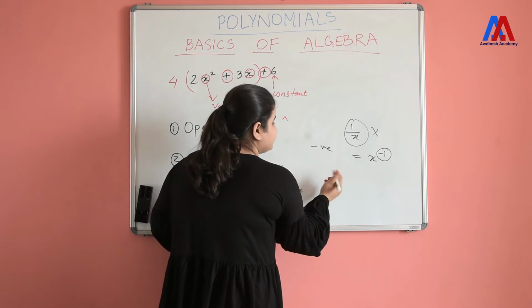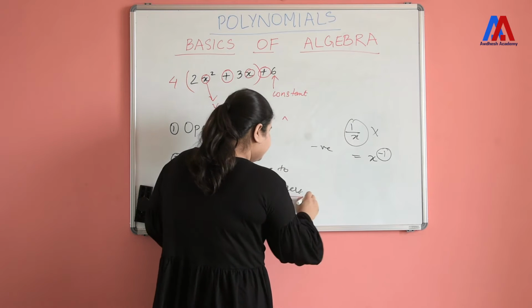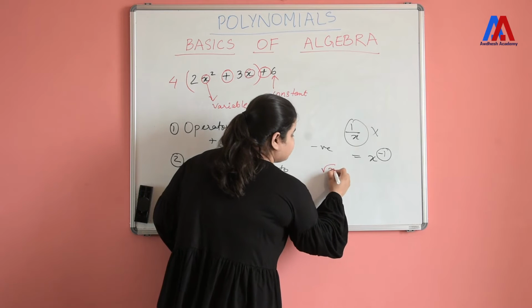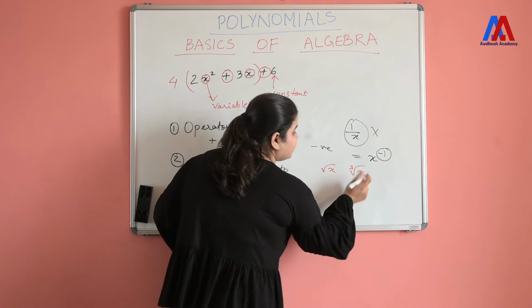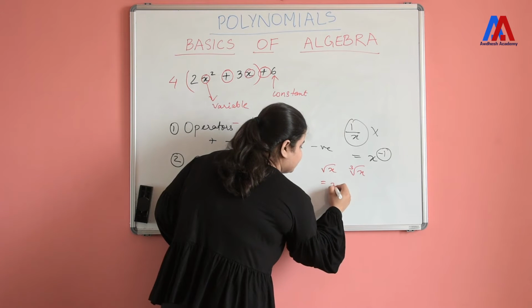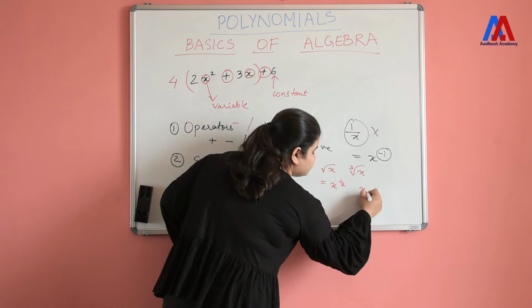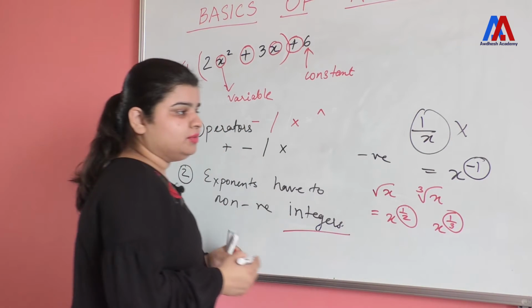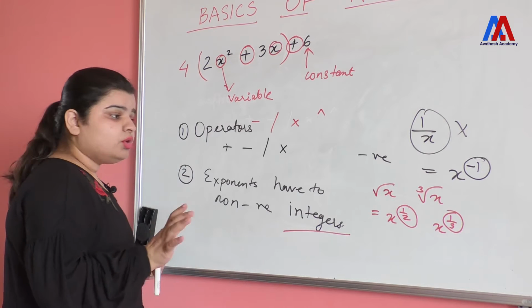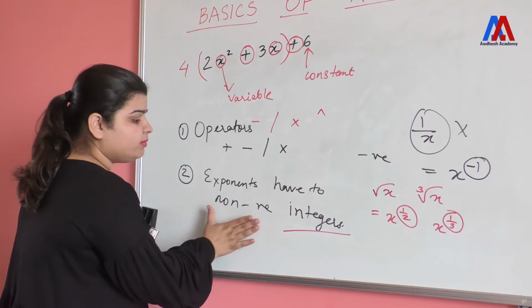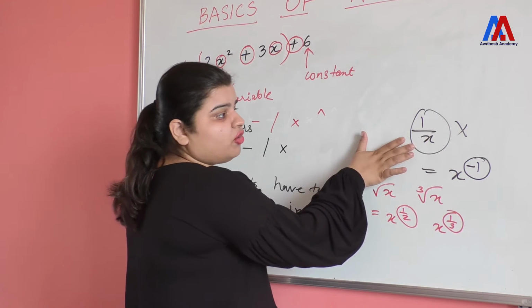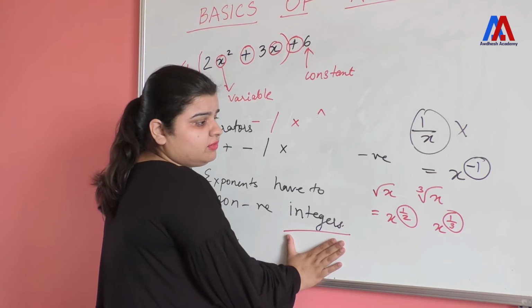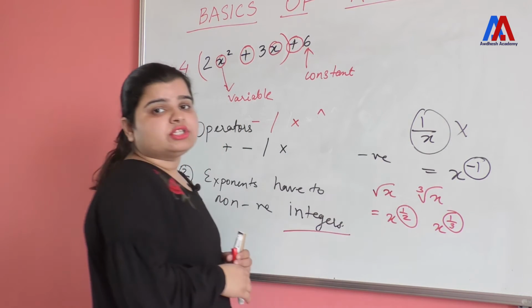Likewise, we cannot have non-integral values as the exponents of x, that is we cannot have square roots or cube roots of x, because these can be written as x raised to the power half and x raised to the power 1 by 3. These are non-integral values, although these are positive. So all we have to keep in mind is it has to be non-negative, that is x cannot be in the denominator, and x has to have integral powers, that is cube roots and square roots are not allowed.